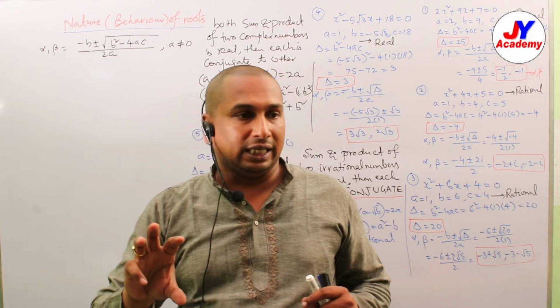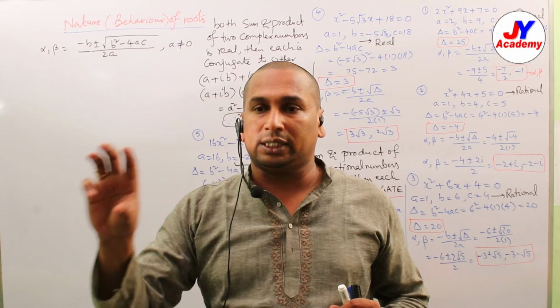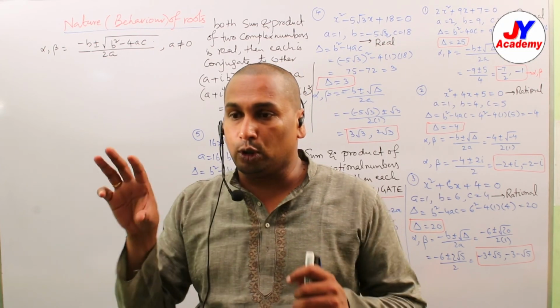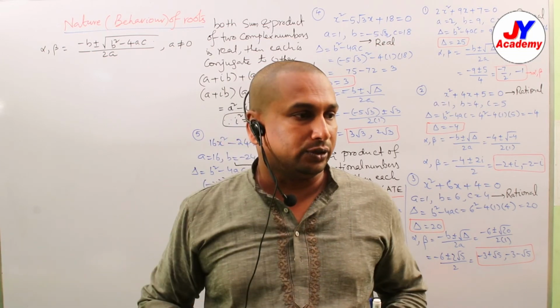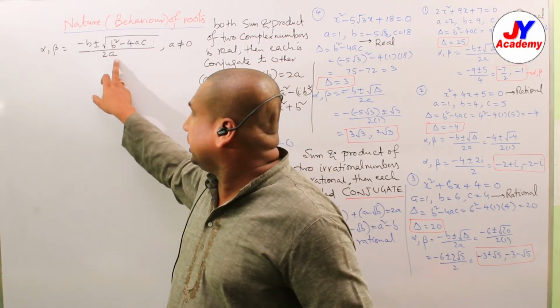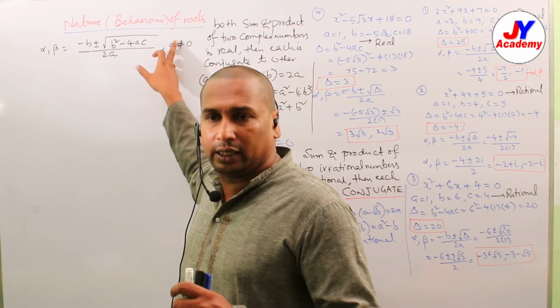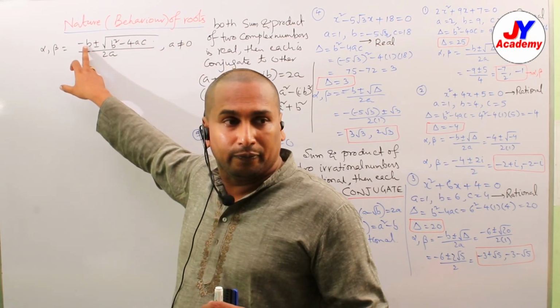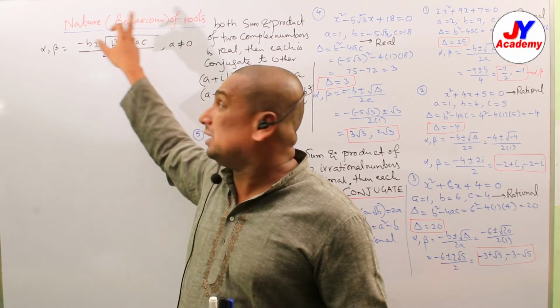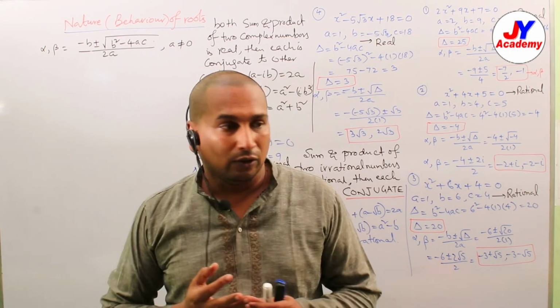Among these three, who can influence the roots, means both roots, depending on which of these three values? Depending on A, already A is very clear, A not equal to 0. Whatever you may consider for B, it depends on B square minus 4AC.